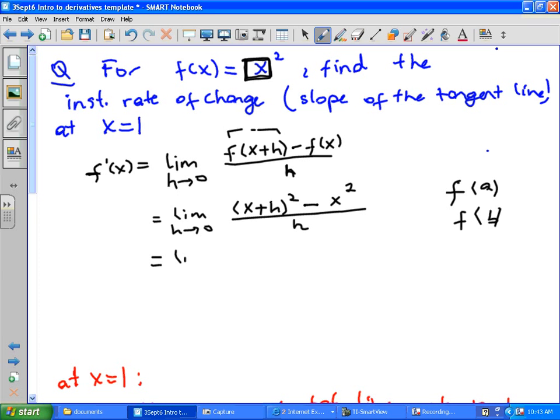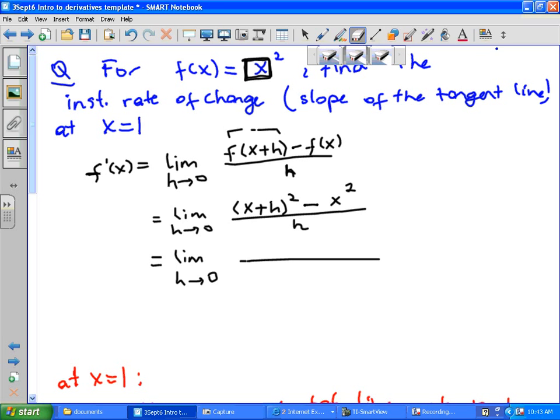Let's simplify this. And what can I do to simplify it? FOIL it, sure, let's do that. X squared plus 2xh plus h squared minus x squared all over h.